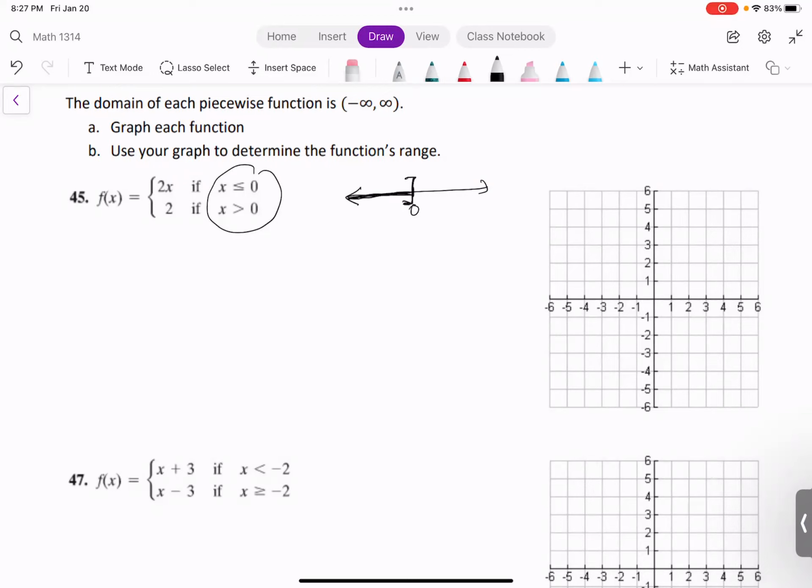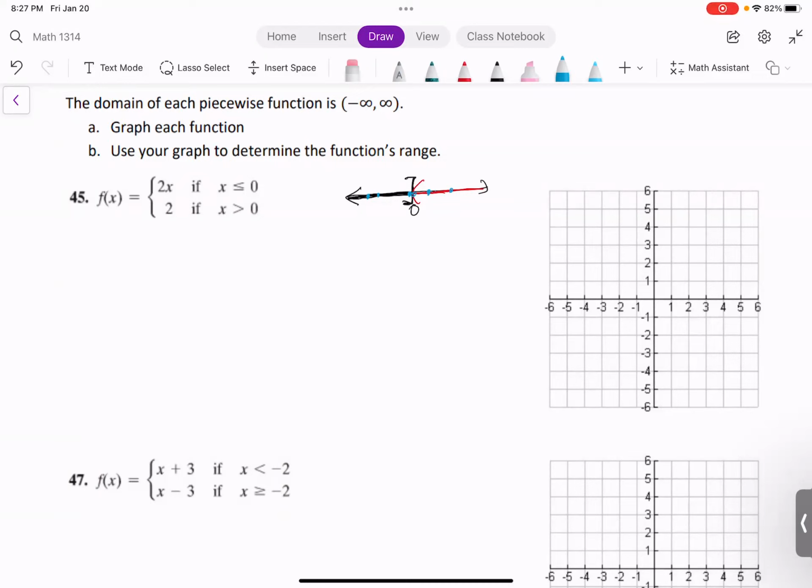We're having one behavior of the function. On another side, let's use a different color, it's another behavior of the function. So let's plot 3 points here, and then maybe 3 points here. Then line them up. We can find the graph of the function.